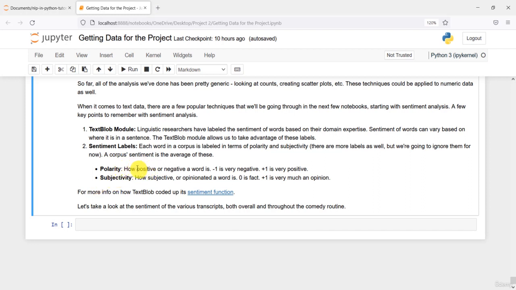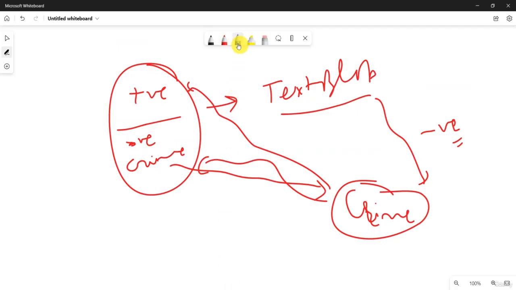Polarity basically means how positive or negative the word is. If the word is near -1, then the word is negative. If it is near +1, then it is very positive. For example, if I have the word crime, and its polarity value is, let's say, -0.8.